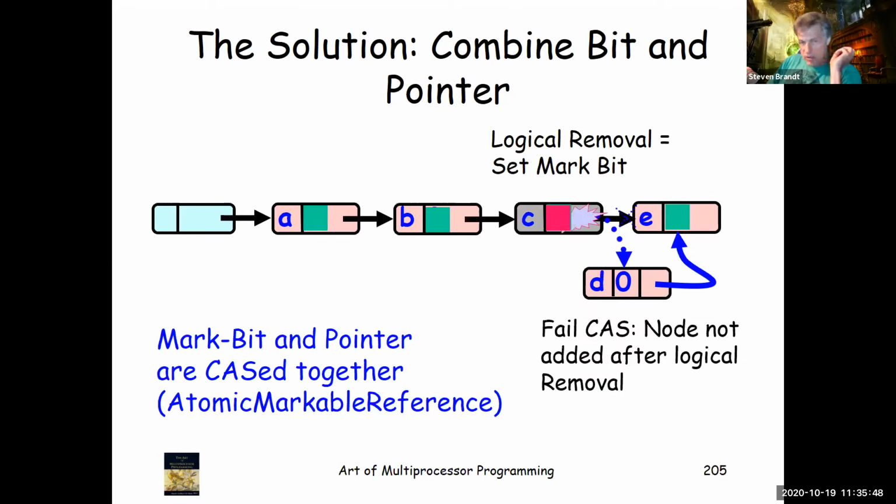We're going to change this next pointer to this D object, but at the same time, we're going to verify that the logical removal bit is not set. So we're still saying we're expecting this to be false, and we're going to update it to be false. But we're comparing and setting the mark bit and the next pointer at the same time.